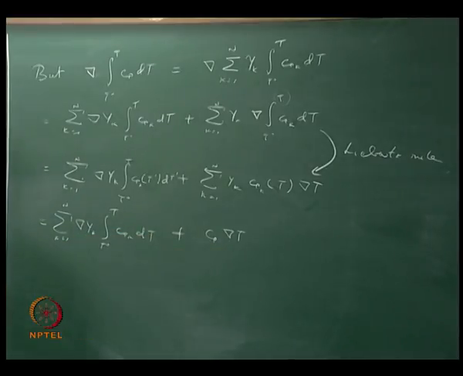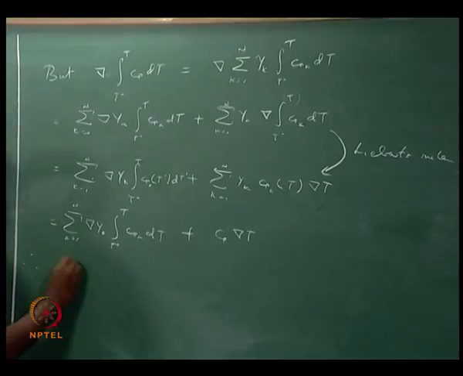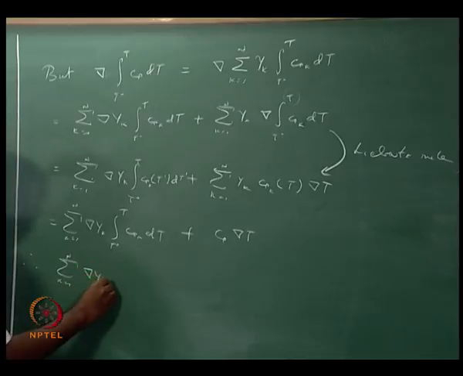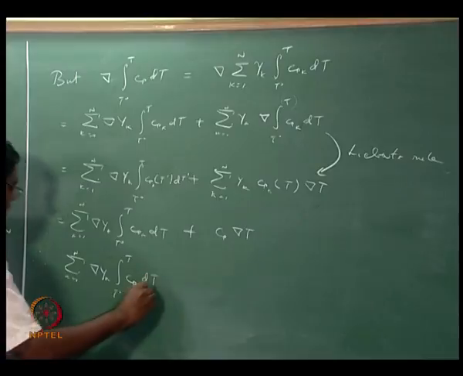Therefore sigma k equals 1 to n gradient yk integral T naught to T Cpk dT.